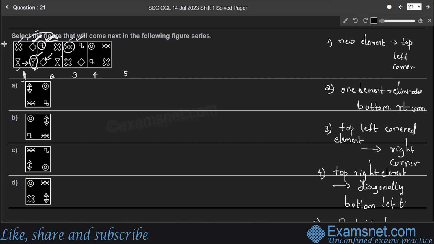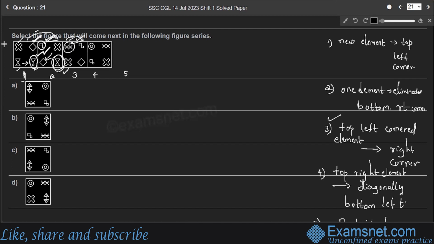So the element which was in the second step, this one which I am showing, has been eliminated in the next step, in the third step. And the third rule is the top left cornered element will shift to the right corner. So this element in the previous step, the top left element, will be shifted to top right. Right? Are you getting my points?